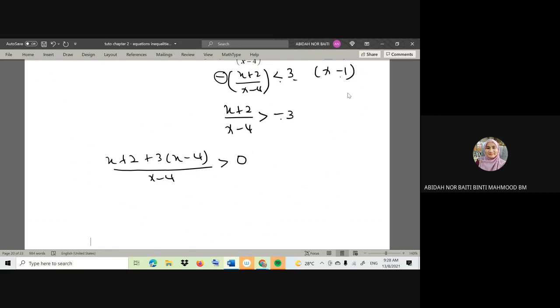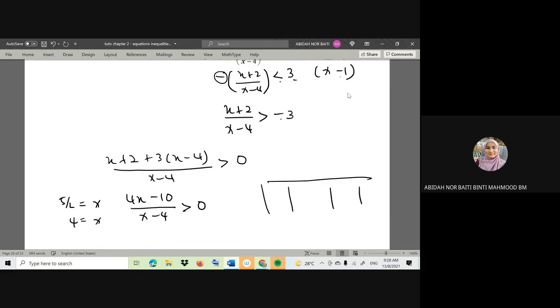So your numerator we get 4x, 2 minus 12 kan? 2 minus 10, okay, over x minus 4. So this is rational inequalities. Use table of sign. Guna table of sign. So keluarkan table of sign kamu. Boleh tak? And write down your answer.